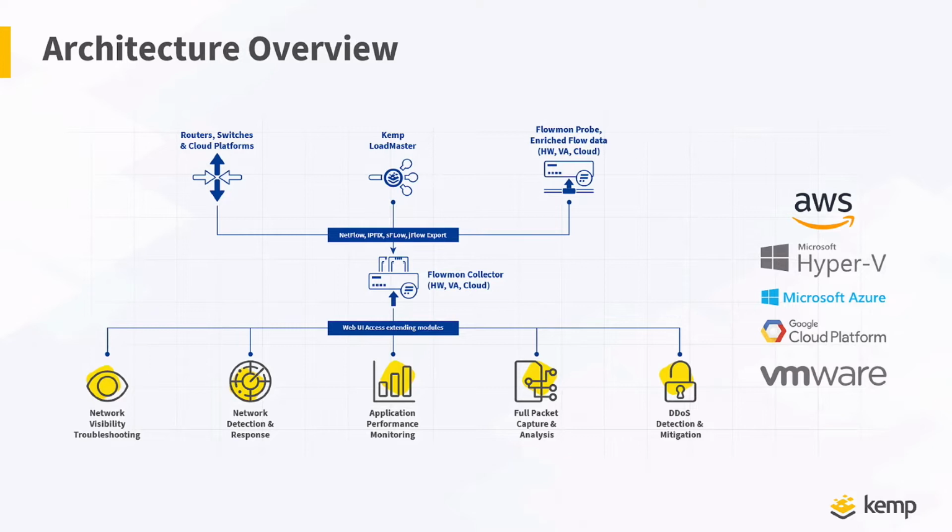So these are different modules that we have built into the Flowmon architecture that we can enable based on the central core repository of flow data. And again, Pavel will go into more detail on this architecture and what we can do, but this is at least the first step in understanding the framework.